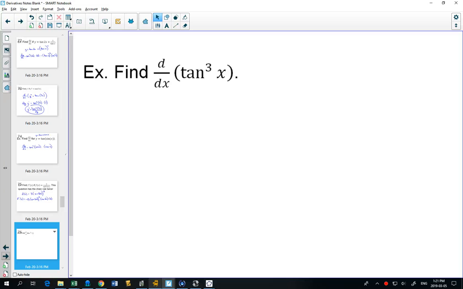Find the derivative of tan cubed x. I'd like you to try this one on your own. Write the answer down here.